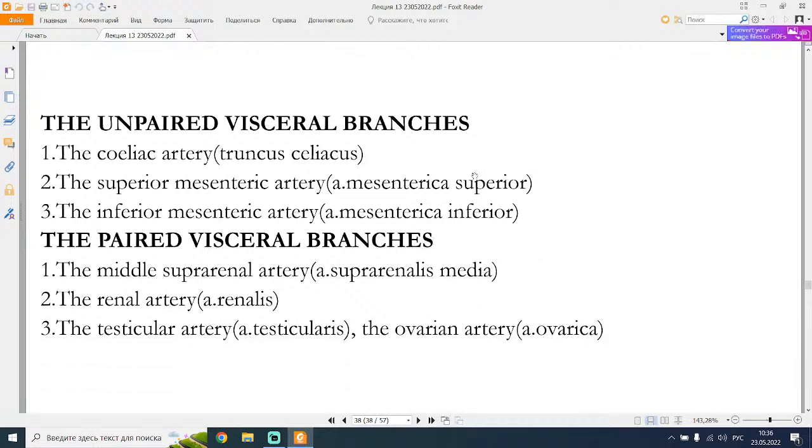The unpart visceral branches are the truncus celiacus, arteria mesenterica superior, arteria mesenterica inferior, and the part visceral branches: arteria suprarenalis media, arteria renalis, arteria testicularis, and arteria ovarica.